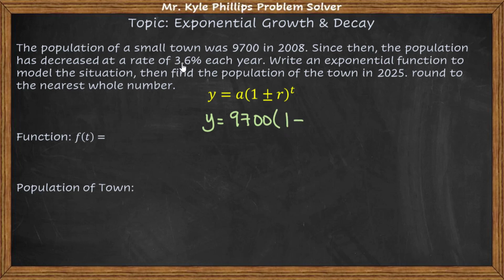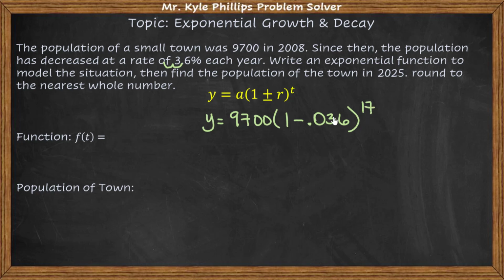My decimal should move 2 places to the left, so this is going to be 0.036. Then they ask us to find the population of the town in 2025. It started in 2008, but now we're referencing 2025, so I need to think, how much time has passed from 2008 to 2025? That's going to be 17 years.